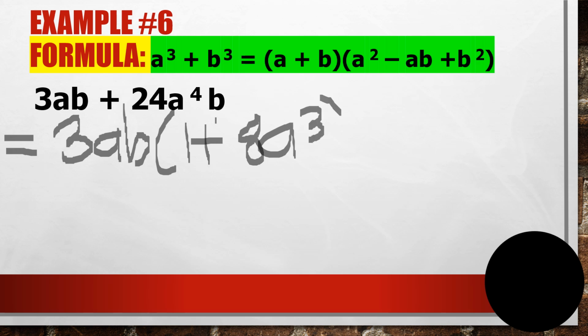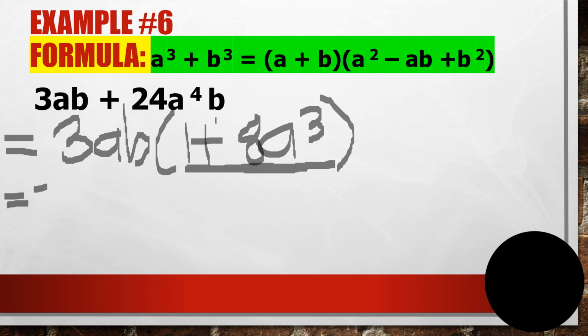Okay, and then close. And then, as you can see, we have now this. We can easily solve this one using the sum of two cubes. So let us now solve it.